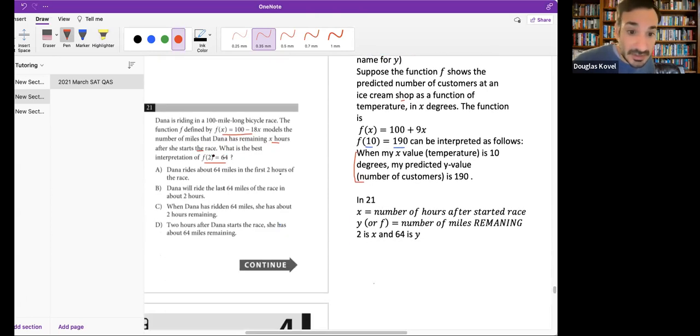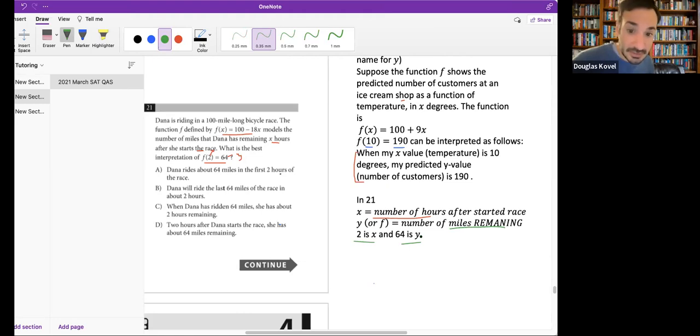So again, we see that 2 is my x value, and 64 is my y value, because they're my x and y positions. And they define x for us as the number of hours after she starts the race, and y as the number of miles remaining. So I know that 2 is x, the number of hours after she started the race, and 64 is y, the number of miles she has remaining.